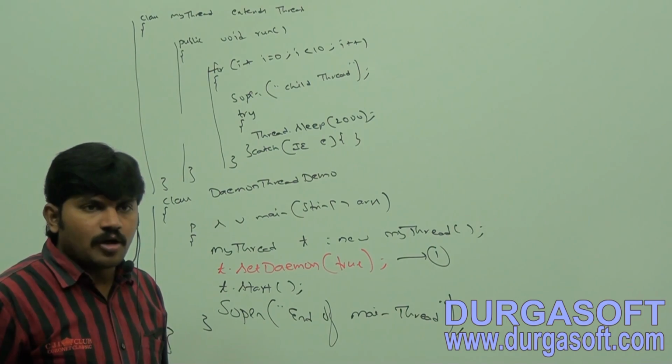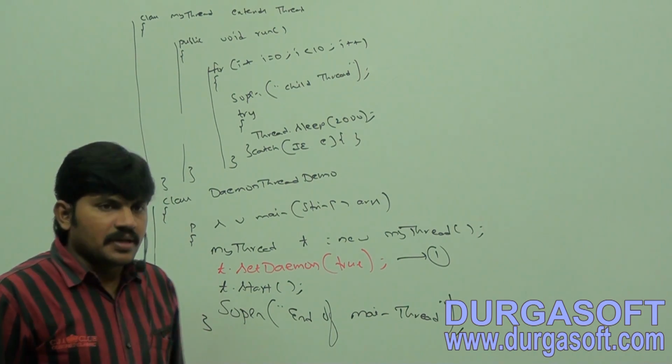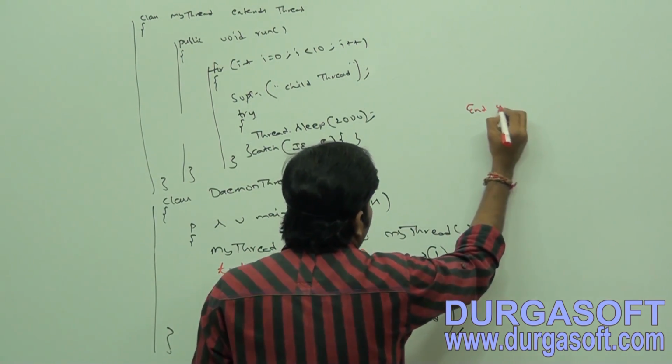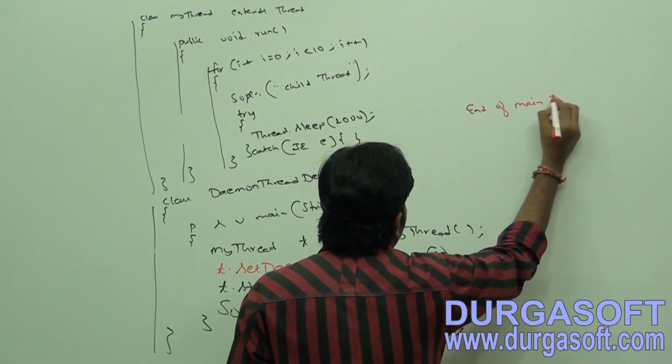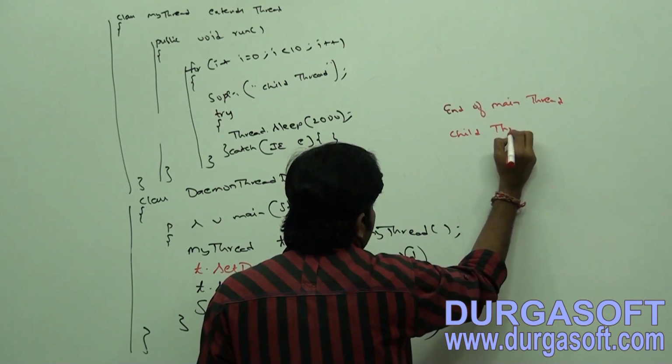Next, in this case the output is, can I spell out the output? End of main thread followed by child thread. That's all.